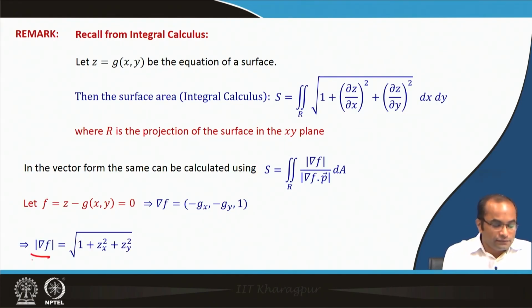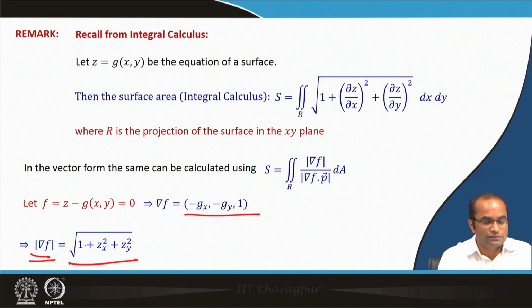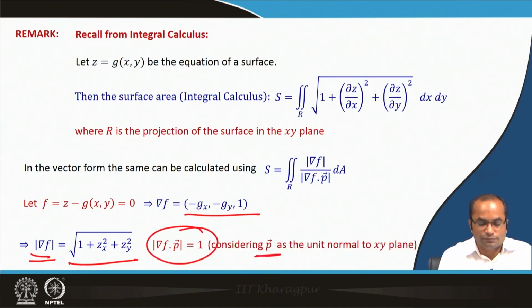And then the absolute value we can get is the square root of g_x squared plus g_y squared plus 1. So, g is just the z, so we have written it in the form of z. And this is going to be 1, because considering p was the unit normal vector, and grad f here we have minus g_x, minus g_y, 1. So, p was the unit vector normal to this xy plane, for instance, in this situation, then that is only k. So, only we will have 1 there. So, these two formulas are the same, they are not different.